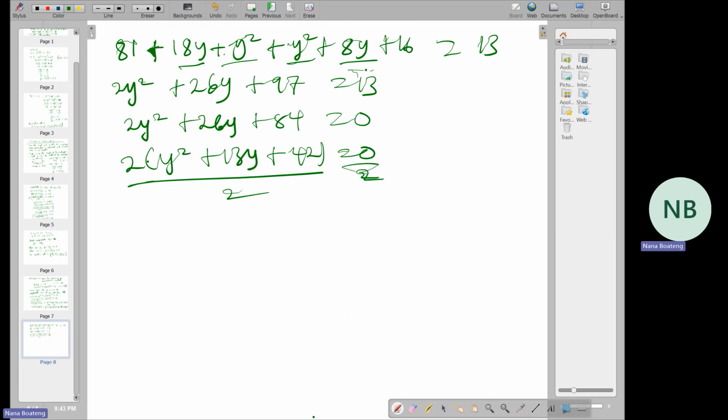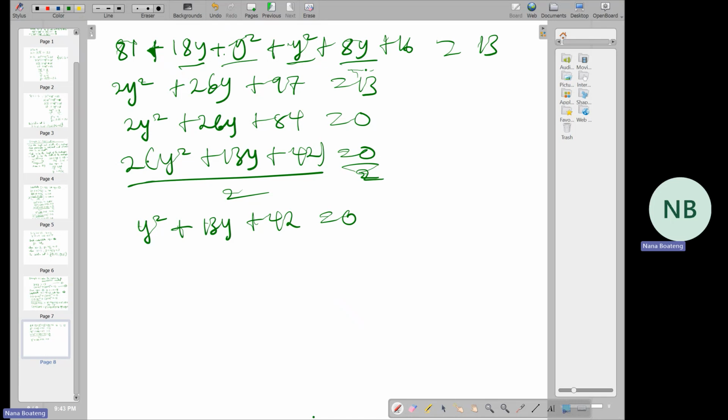So that will give us y squared plus 13y plus 42 is equal to 0. All right, so this is a quadratic equation, and we can solve by factoring.